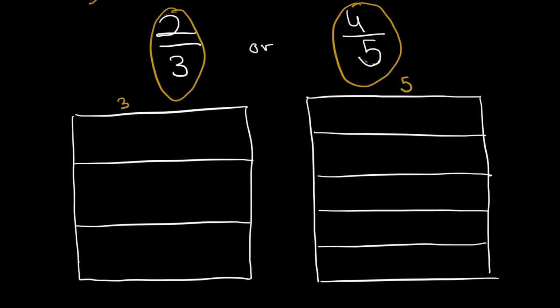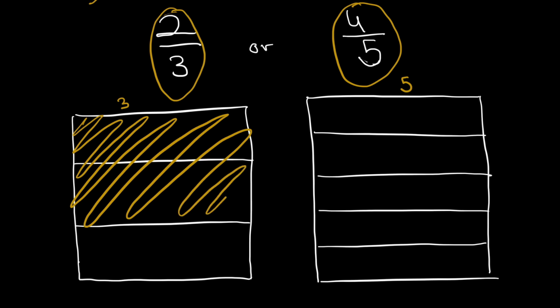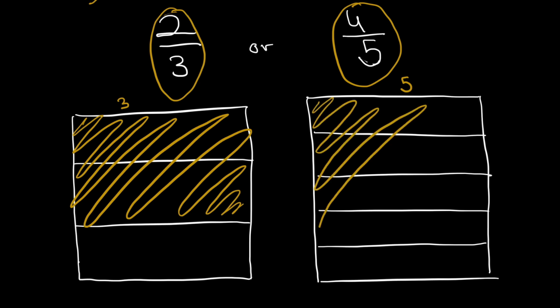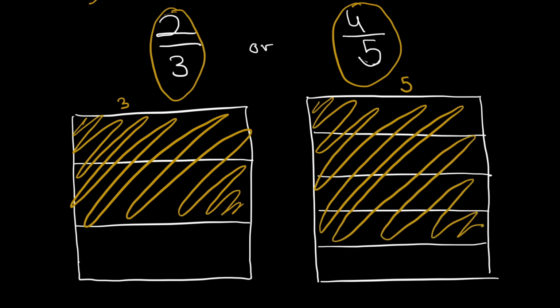Now, 2 over 3 of a square with 3 pieces means that we're shading in 2 pieces of the 3 pieces. And same with the 5-piece square, so the second square. Since there's 4 in the numerator, that means we're shading 4 pieces of the 5 total pieces. Now, this one looks bigger, right? But let's prove it so that we make sure that we aren't imagining stuff.